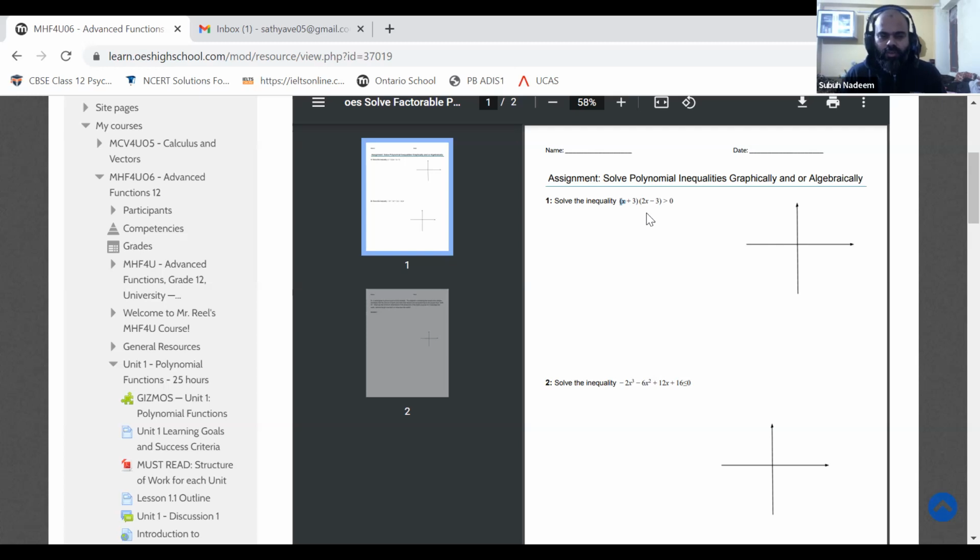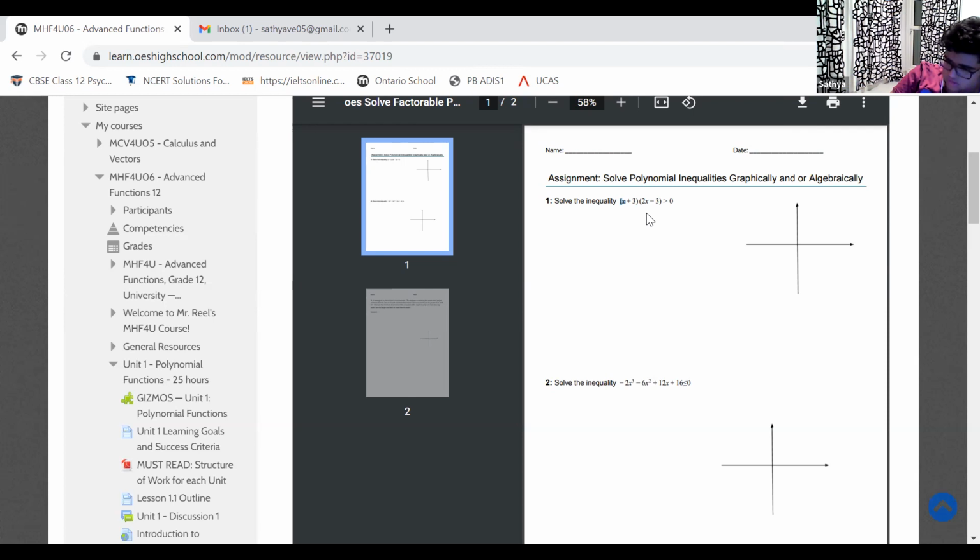Find the zeros. So x will be minus 3, and another one will be 3 by 2. Yes, minus 3 and 3 by 2.